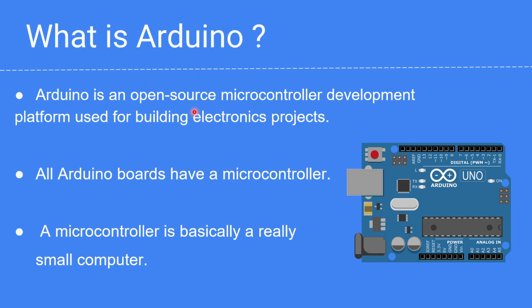So basically, what is Arduino? Arduino is an open source microcontroller development platform used for building electronics projects. There are various types of Arduino boards available. What is a microcontroller? You can think of it as a small, tiny controller which has RAM, ROM, central processing units, CPUs, and all these things.